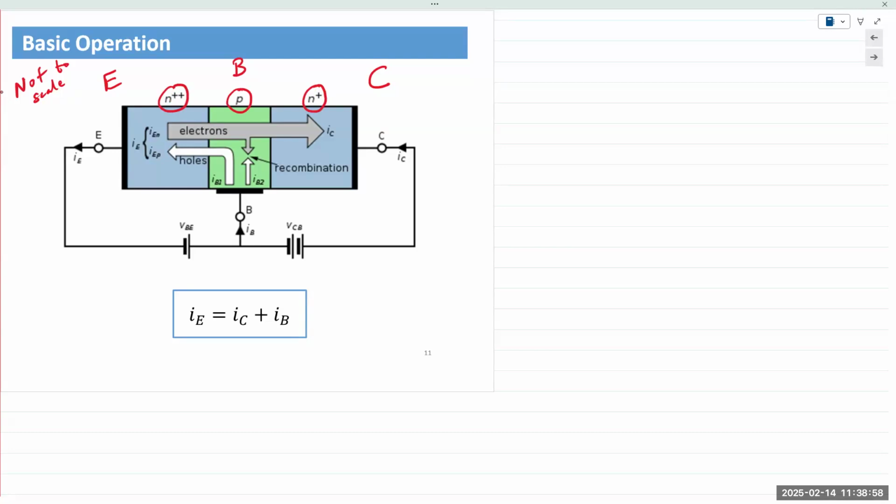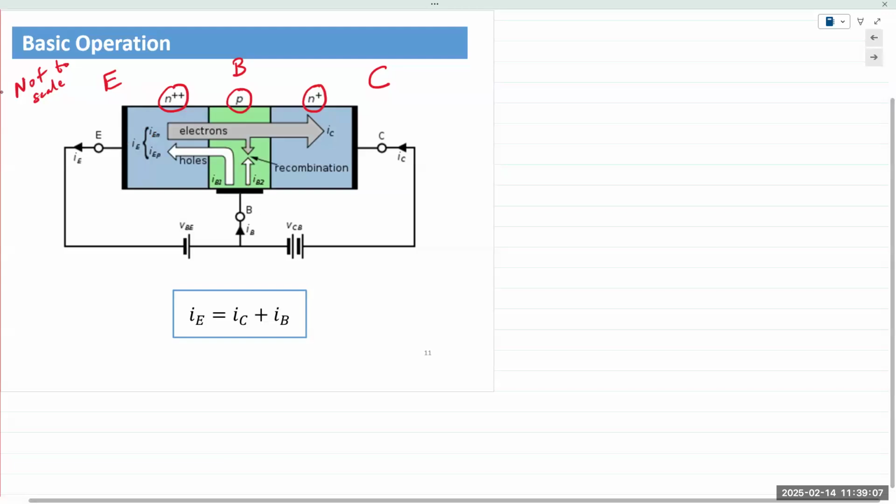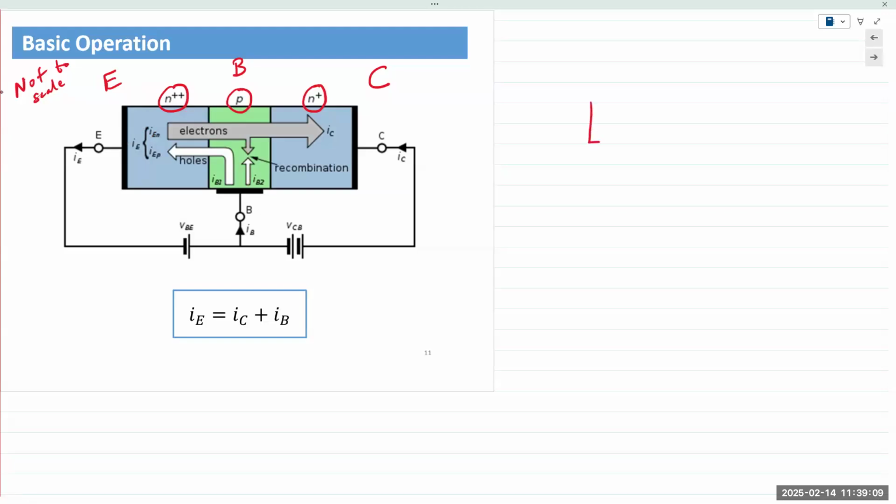All right, let's take a look first at the emitter and base junction. What do we see? If you have a diode, N and P, and you forward bias this diode, what is happening in terms of device physics?